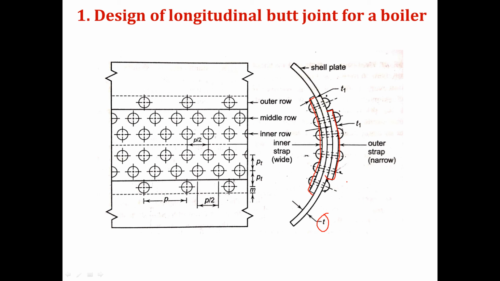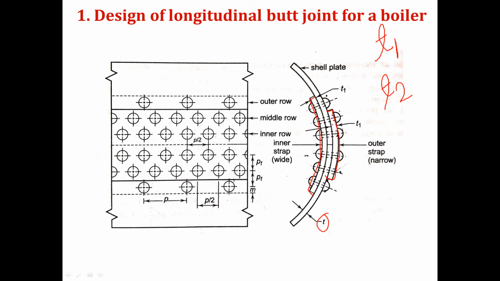So now there are two possibilities. Either these straps are of equal thickness, or they may be of unequal thickness. Assume T1 is the thickness of the outer strap and T2 is the thickness of the inner strap.